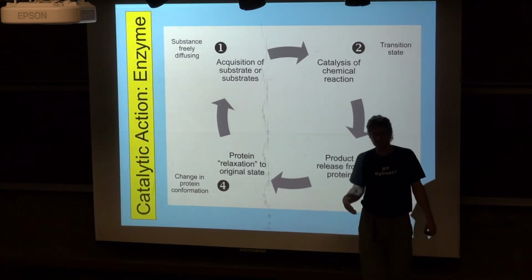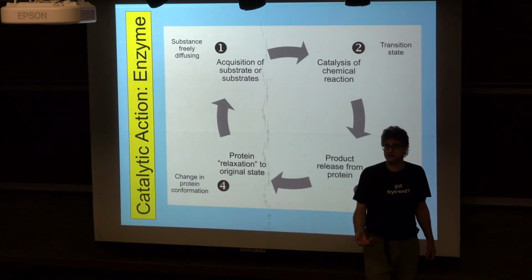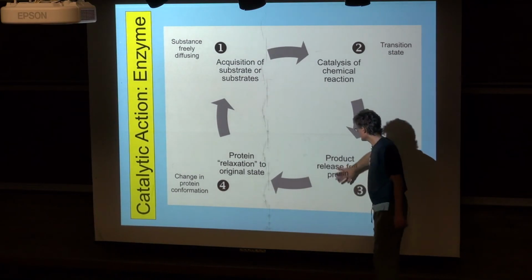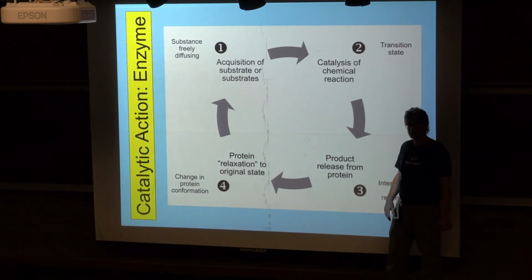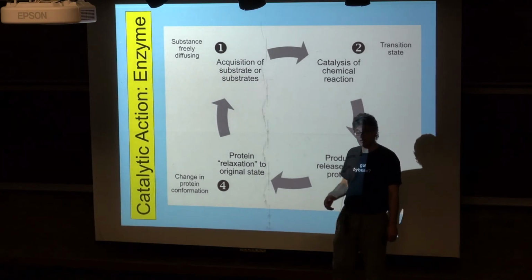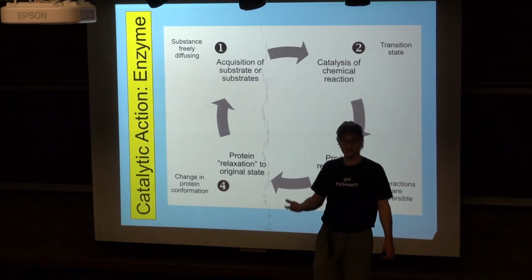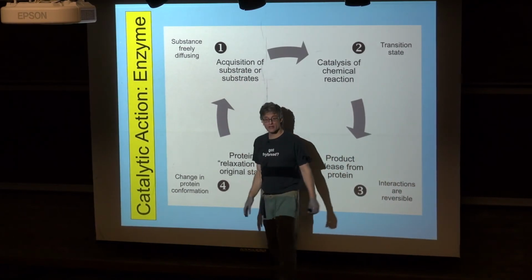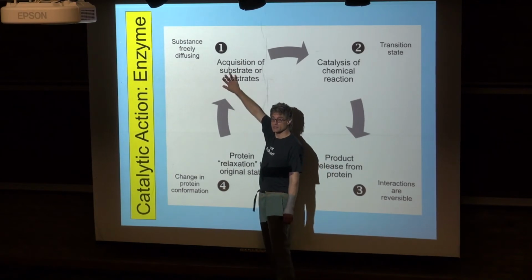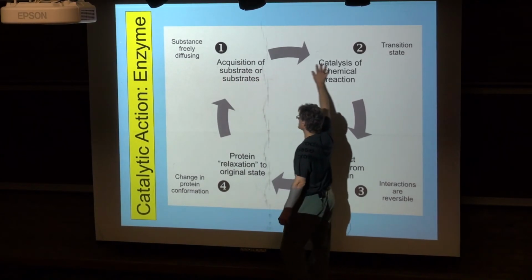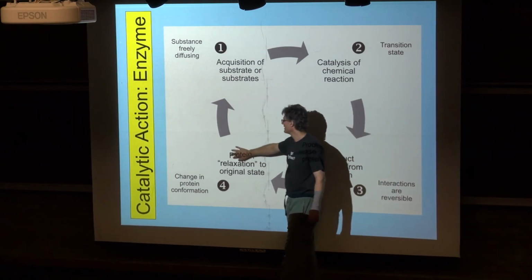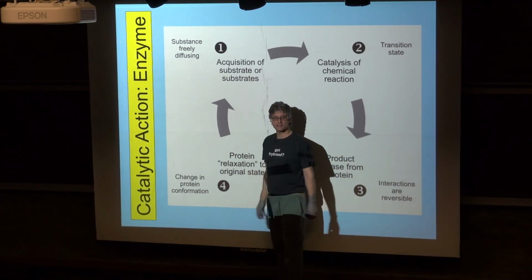Once you've catalyzed the reaction, you now have products. And once the products are there, the protein releases those products. And the release of these products causes the protein to relax back to its original state, where it's now ready to acquire new substrate. And it acquires new substrate, it catalyzes it, makes the products diffuse away, it goes back to its original state, and so on and so forth.